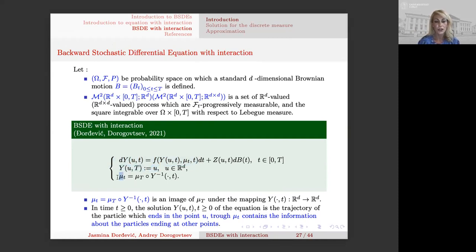And the measure mu_t at some moment before capital T is an image of the final measure under a mapping of the state process Y. Again, the trajectory of the particle can be described by the Y process, which describes that this particle ends in point u, and that at some moment t before this, mu_t contains information about the interaction with other particles, which end in some other final points.